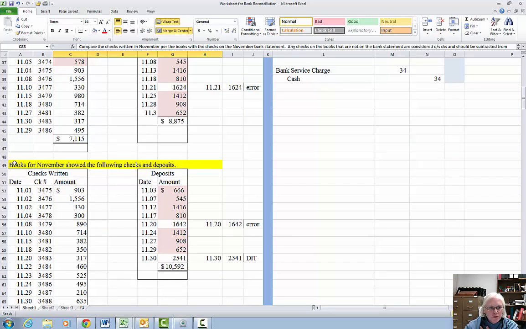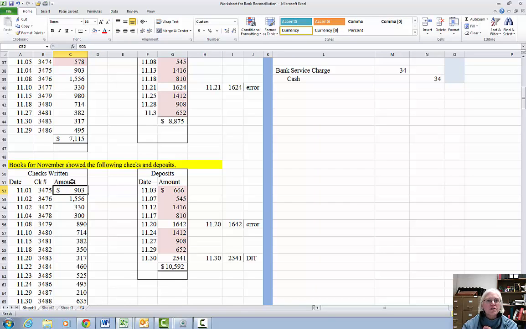So with the books, check number 3475 for $903 looks like it cleared the bank, so we can do that. Check number 3476 for $1556 cleared, and there. $330 cleared. $300, oops, didn't clear, did it?